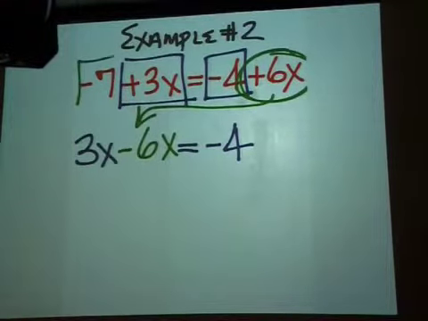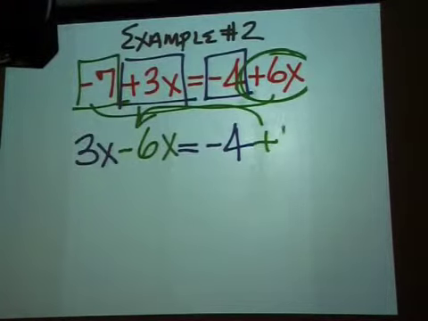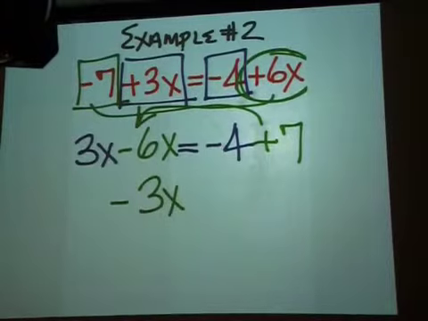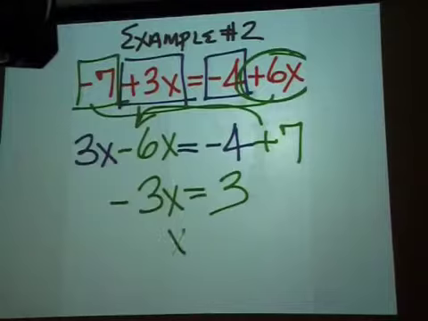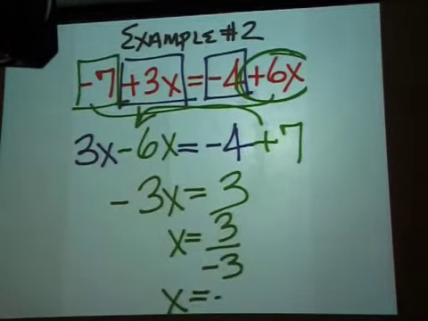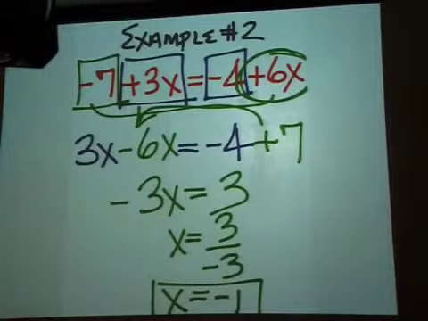The negative 7 from the left, think of it as a minus 7. Move it to the right and make it plus 7. So now we have 3x minus 6x, which is a negative 3x. And negative 4 plus 7 is a positive 3. So 3 divided by negative 3 is negative 1.